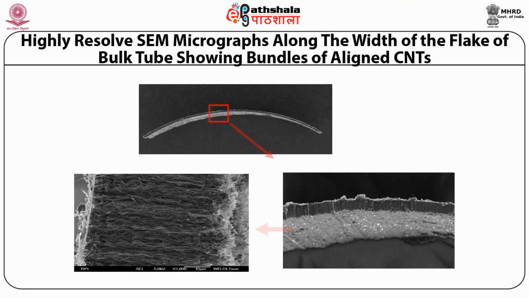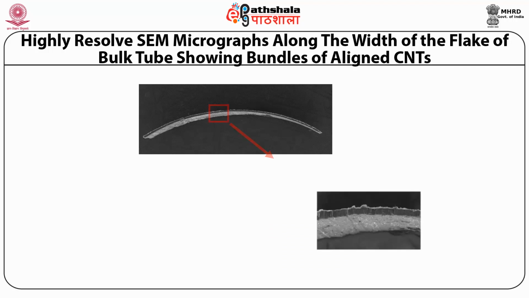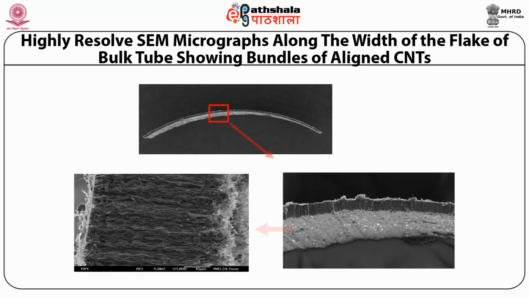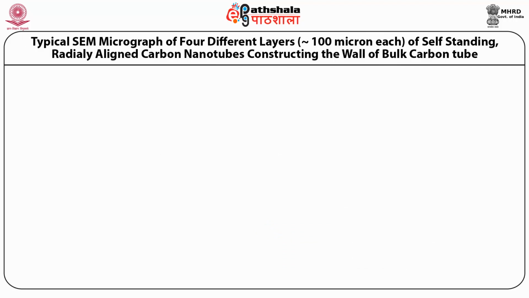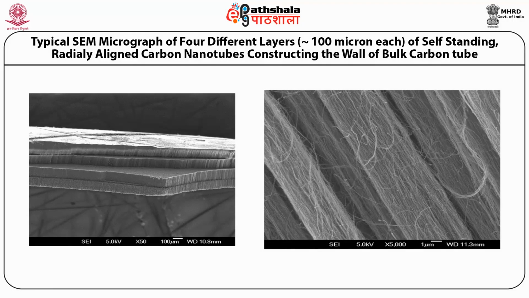Once we developed a method to grow a bulk tube made up of carbon nanotubes, we tried to make many layers of nanotubes. In slide number 15, we have shown a 4-layer aligned carbon nanotube. The thickness of every bundle is around 100 micrometers.